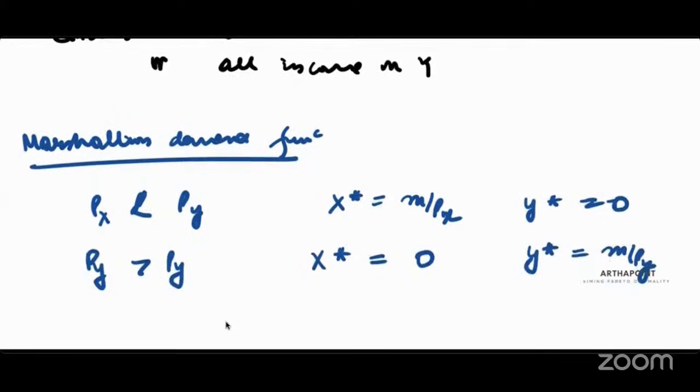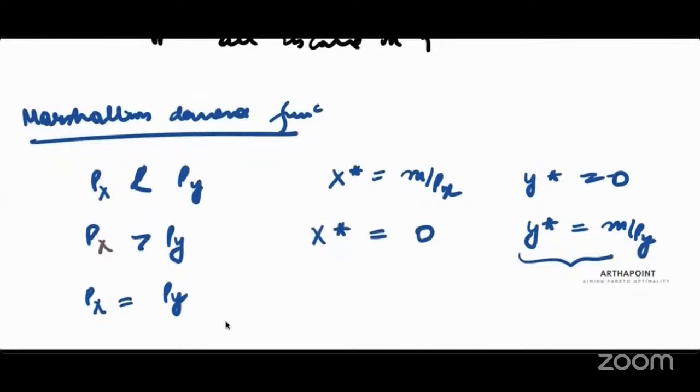You just put here X star equal to 0 in the budget line, you will get this as Y star. And when Px is equal to Py, then either you get this M by Px comma 0 or 0 comma M by Py. Nothing in between. That's your equilibrium.